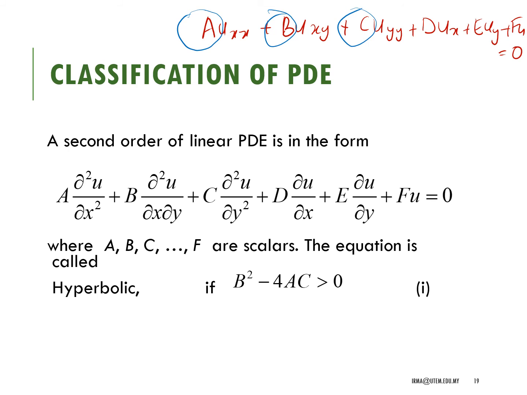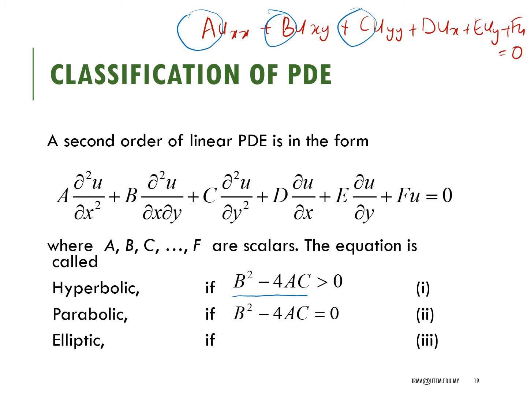So you need to extract the values of A, B, and C, and then solve for b squared minus 4ac. If you get a positive answer, the equation is hyperbolic. If you have equal to 0, it is considered a parabolic equation.